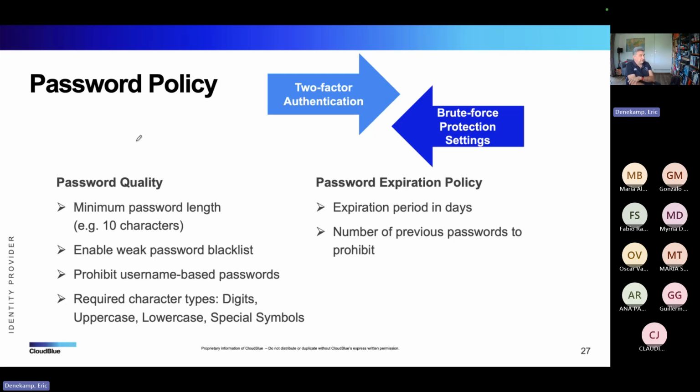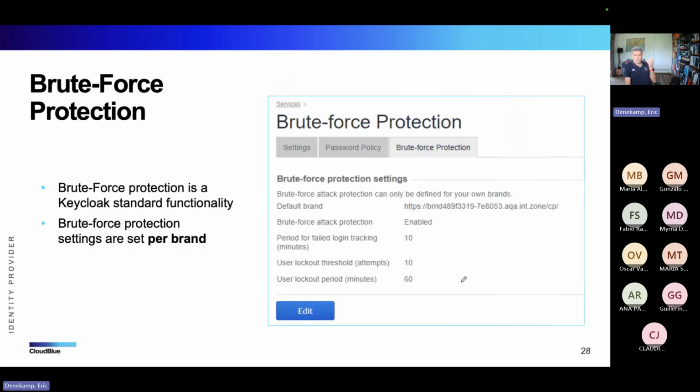Special symbols, leave it out. If you want to use them, use them. If you don't want to use them, don't use them. Or you check that box as well, which means that you have all those 4 character types as mandatory things inside your password. Password policy expiration, we set there. The number of previous passwords to prohibit, we can set. So here are the settings.